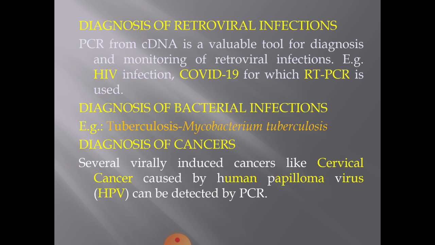So, cancer can happen to that region by the infection of a virus called HPV, human papilloma virus, and that can be detected by PCR. If cancer is diagnosed in earlier stages, treatment becomes easy and the survival rate also will increase.